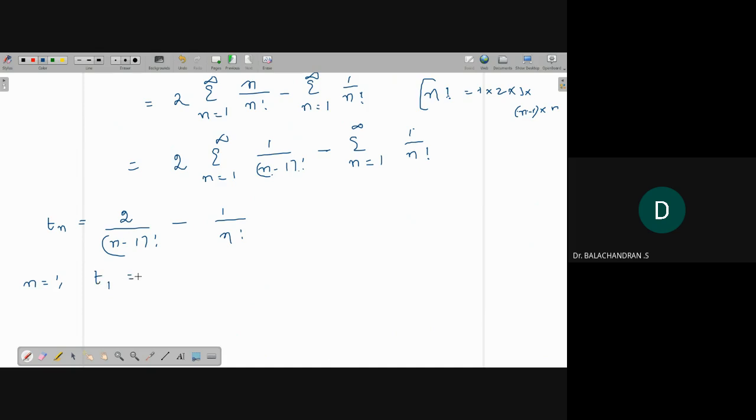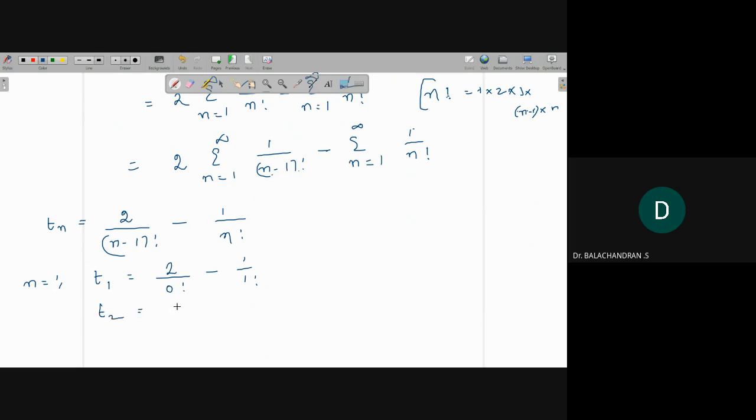T1 equal to what? 2 by 0 factorial minus 1 by 1 factorial. T2: 2 by 2 minus 1 factorial minus 1 by 2 factorial.